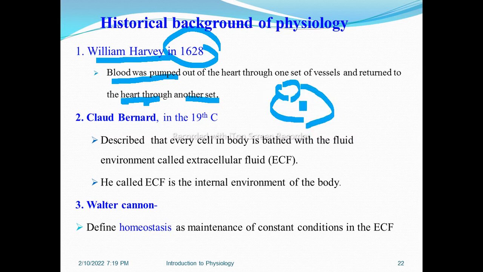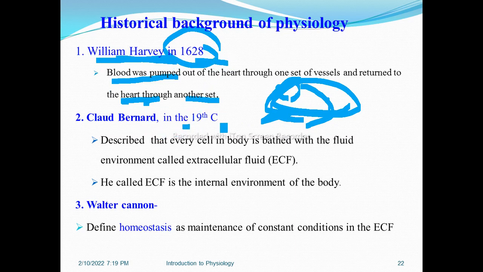Blood is pumped out from the heart through one set and returned to the heart through another. An artery is a vessel which carries oxygenated blood away from the heart. A vein is a vessel which carries deoxygenated blood towards the heart. This concept was first introduced by William Harvey in 1628.